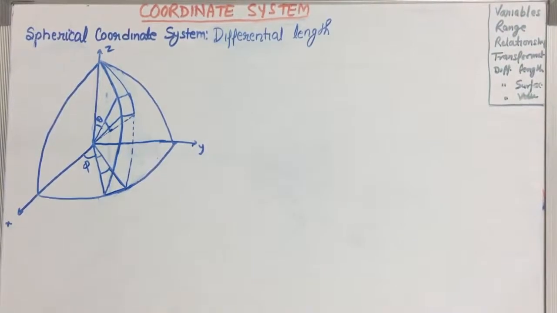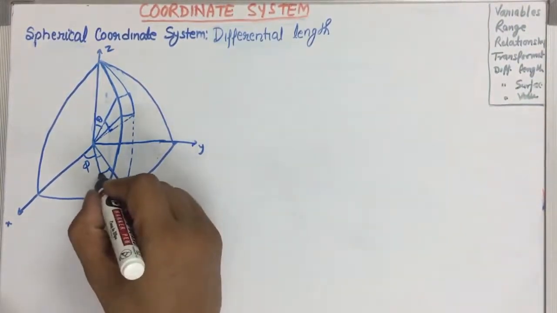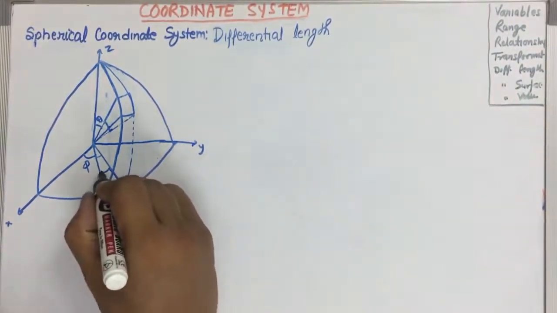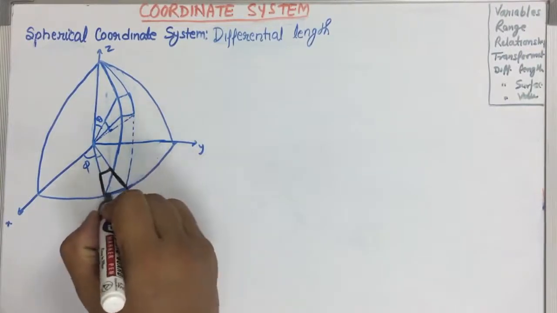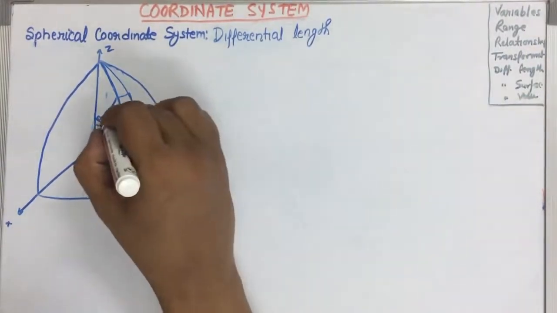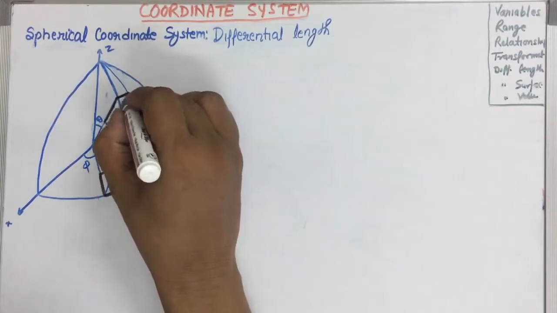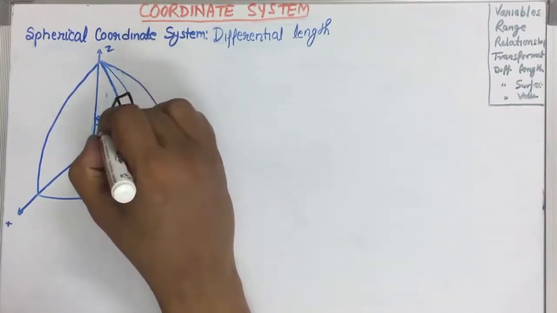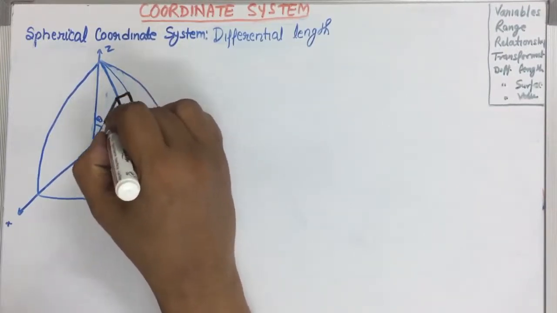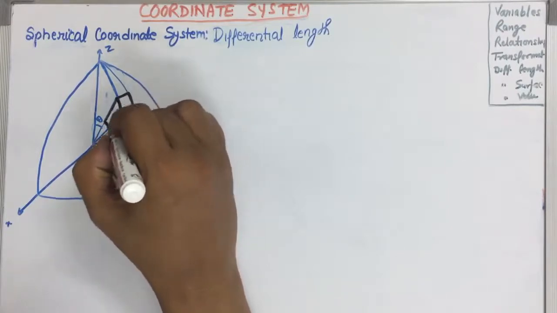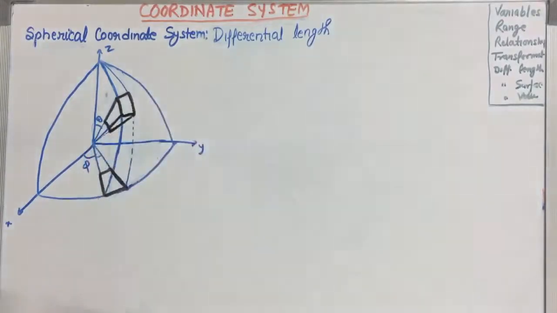Another marker is not working properly, so I am unable to draw it clearly. So this is the differential object for which we are interested to find the differential length, surface and volume.